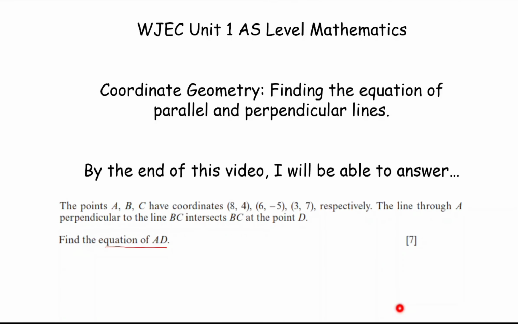So the best way to start this question is probably to think about it in terms of a diagram. If I just go back for a second and we think about what the diagram is going to look like, I'm just going to sketch it up here. X, Y. The point A has the coordinates 8, 4.